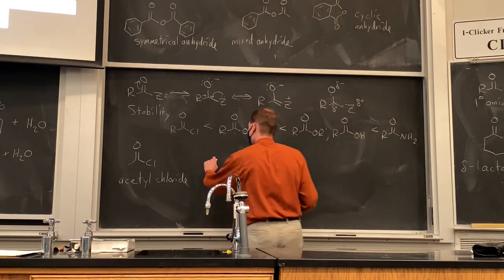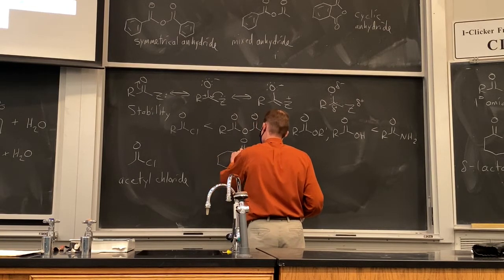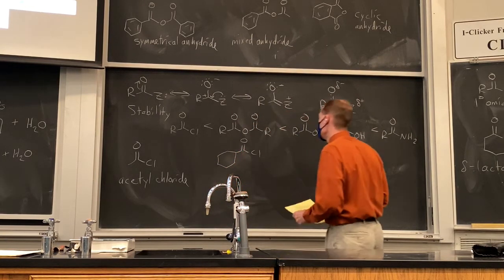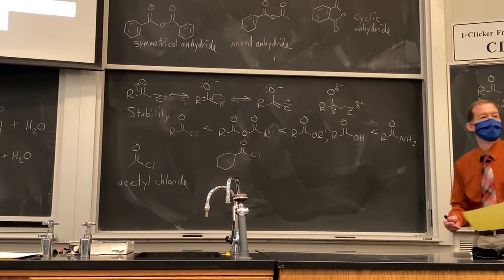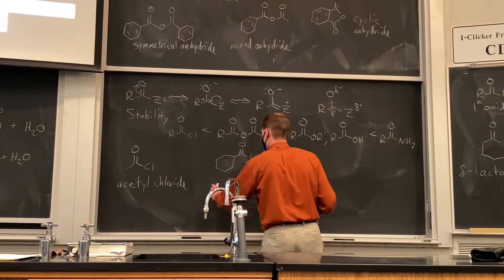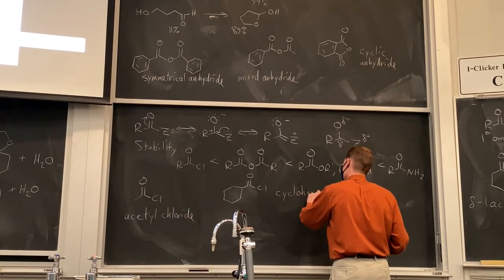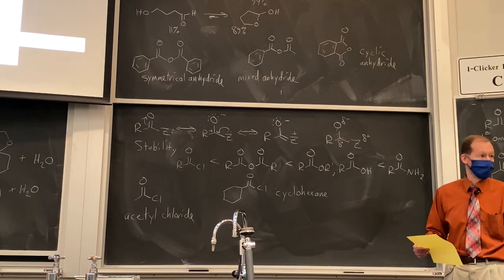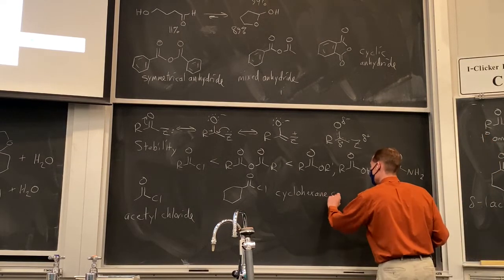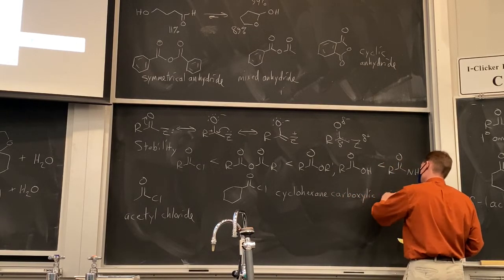With cyclic acid chlorides, it's a little bit different. Okay. What would this be called if it were a carboxylic acid? I'll give you the first part. It would be cyclohexane. And then what would come next? Carboxylic acid. Okay.